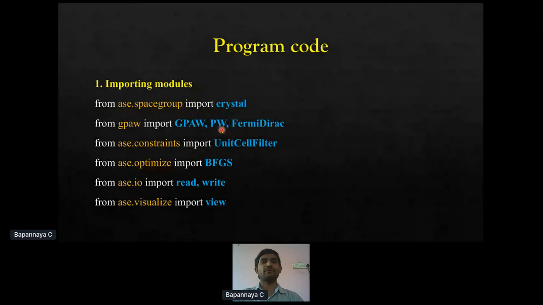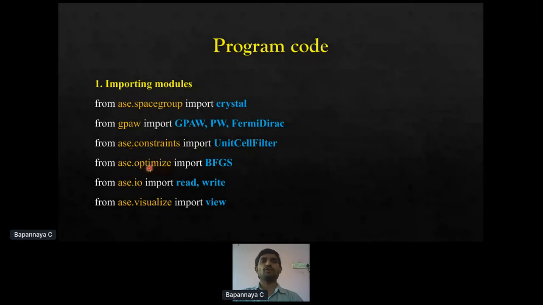PW stands for plane wave, and FermiDirac stands for Fermi-Dirac smearing. And as a part of relaxation of the unit cell, we have used the ExpCellFilter relaxation parameter from the unit cell filter module. It comes from the constraints part of ASE, the Atomic Simulation Environment.